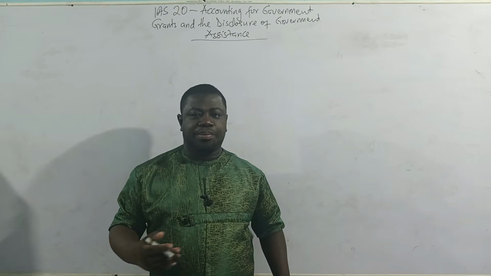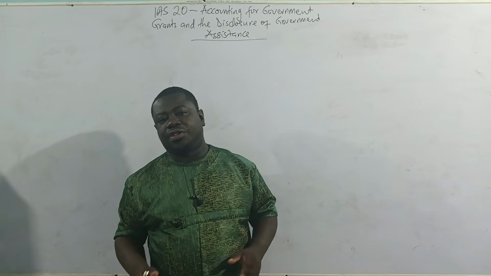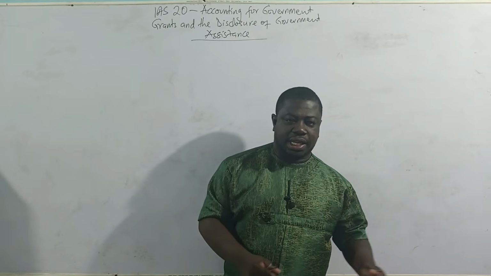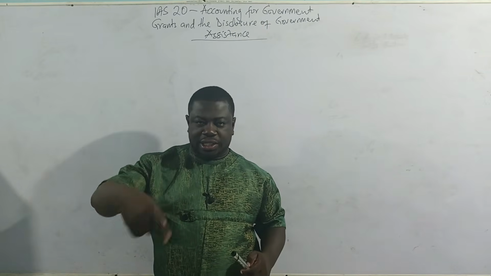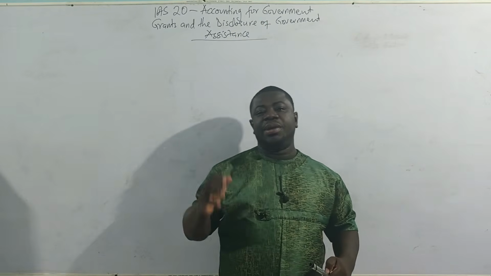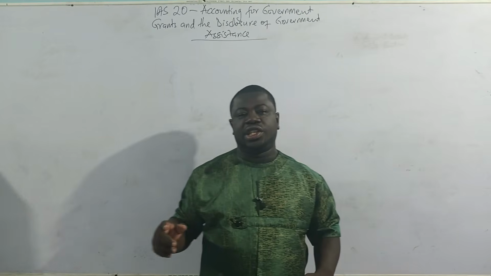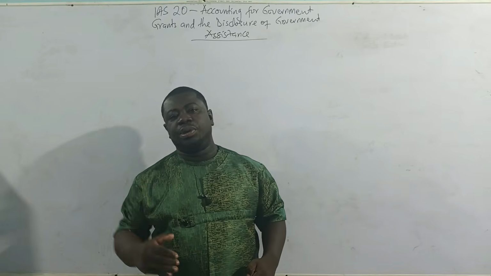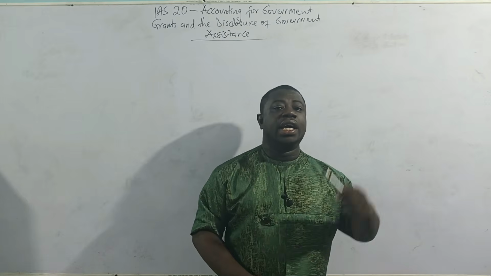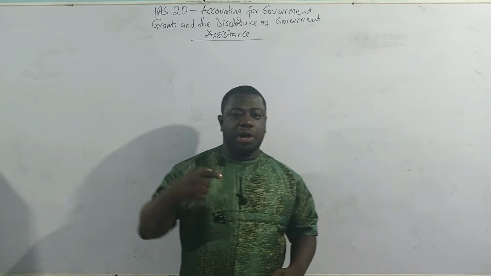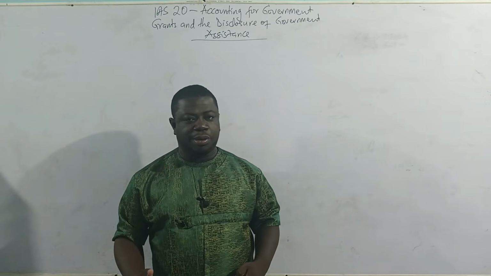And I gave an example that if you have a manufacturing company in a rural setting where the youth lack jobs in that locality, the government may give a grant to the manufacturing organization, and one of the conditions will be that you must employ a particular percentage of the youth in that locality in your organization to help them also reduce unemployment in the country.